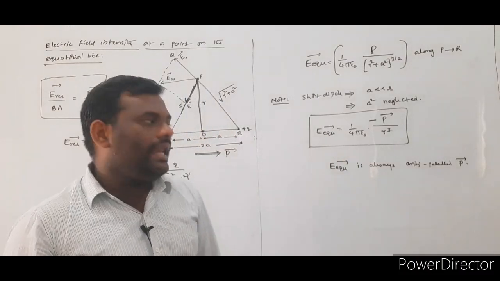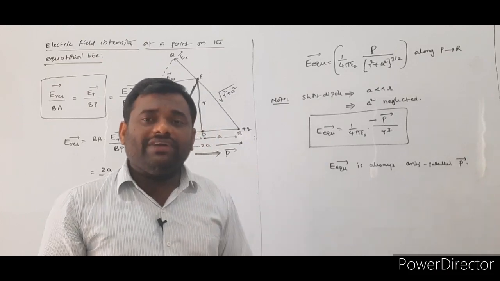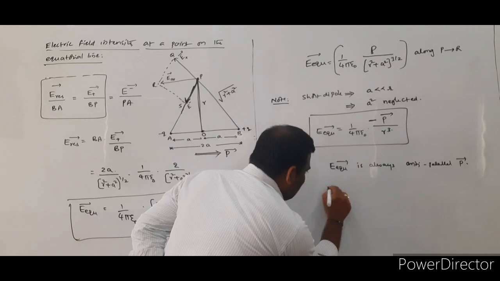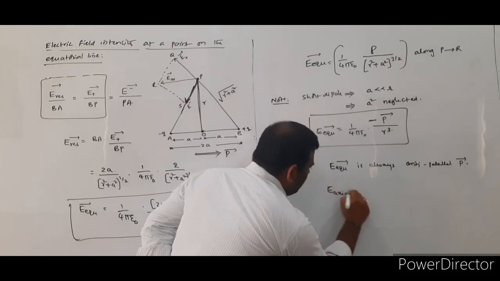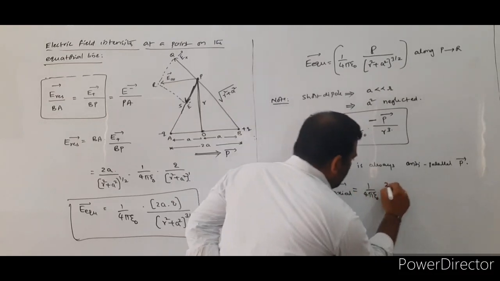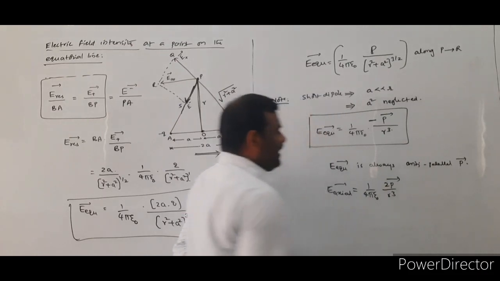So this is the final required expression for the electric field intensity at any point on the equatorial line. But in the previous class we derived the expression for the electric field intensity at any point on the axial line. So what is the E axial there? For the short dipole, E axial is equal to 1 by 4 pi epsilon naught 2p by r cube, or 2p bar by r cube.